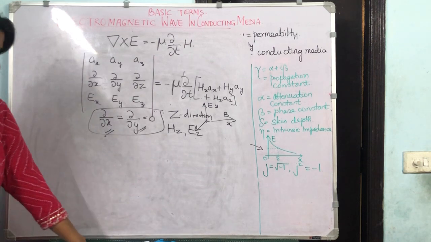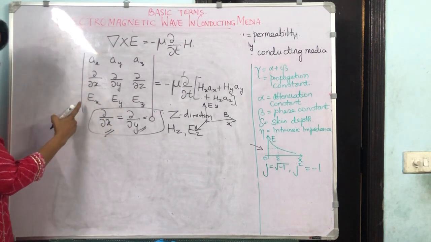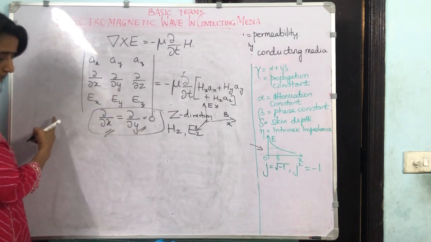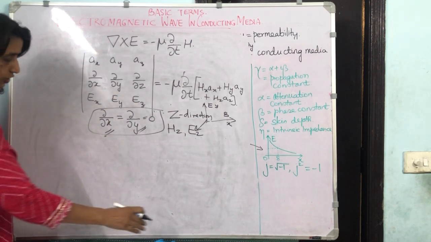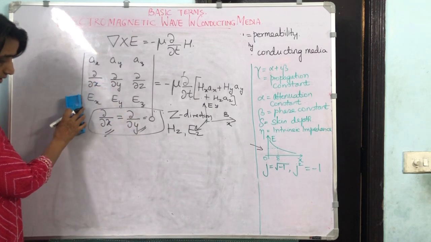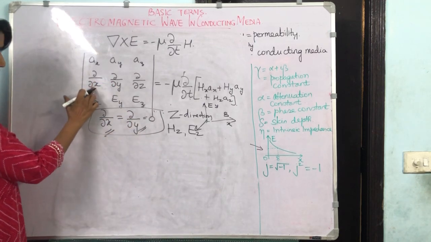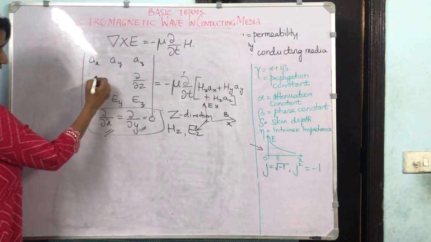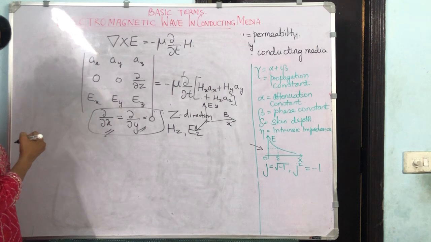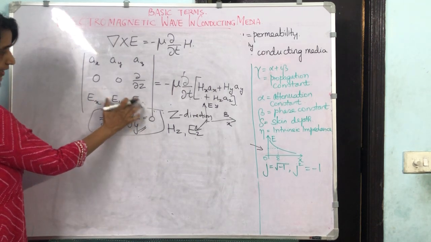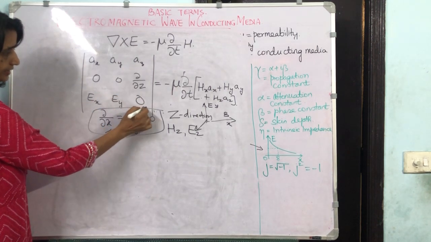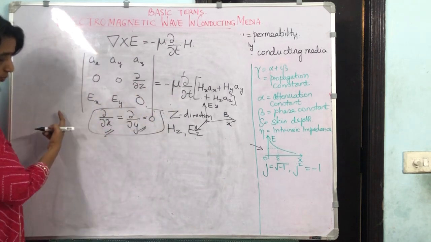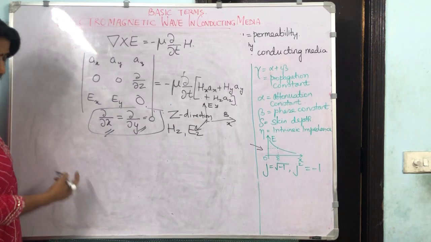So now in this expression we can straight away see the wave is traveling in the Z direction, so the variation across X and Y becomes 0. So it is 0, 0, del upon del Z, and EX, EY across the Z axis it is 0. Now this equation we will open and compare the terms.